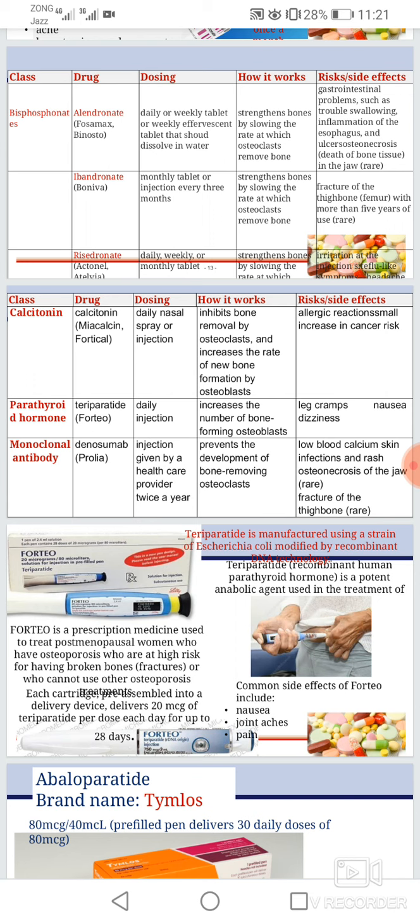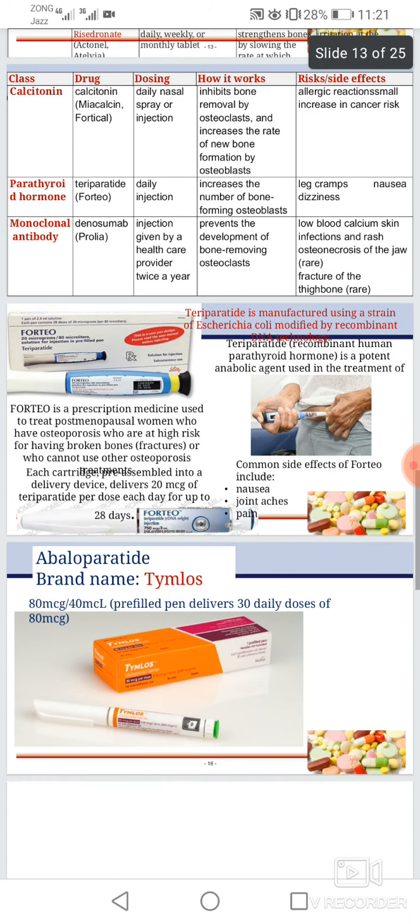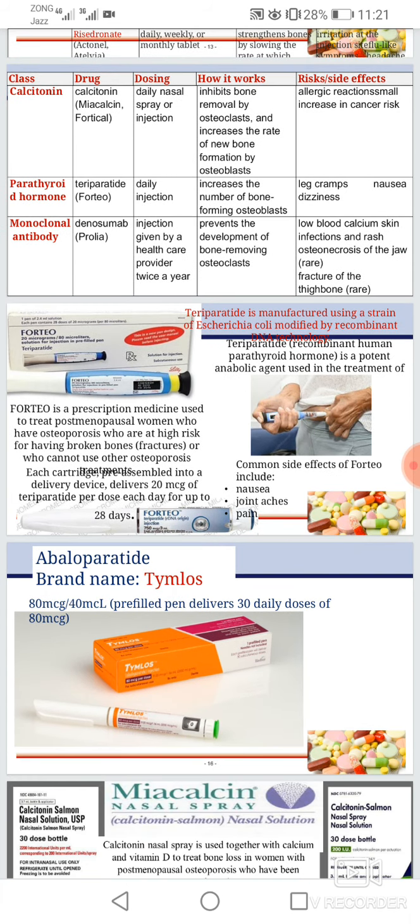Then we have monoclonal antibody, and its drug is denosumab. It is an injection given by a healthcare provider twice a year, and it works by preventing the development of bone removing osteoclasts. And its side effects are low blood calcium, skin infections, and rash, fracture of the thigh bone. Then we have other medications such as Forteo.